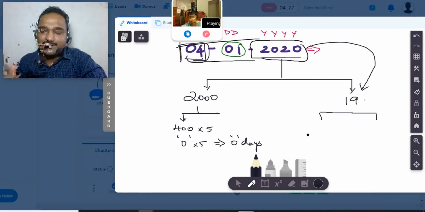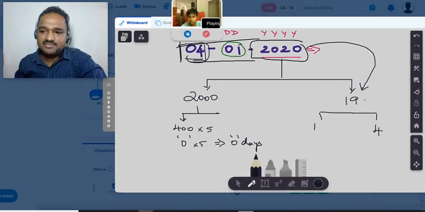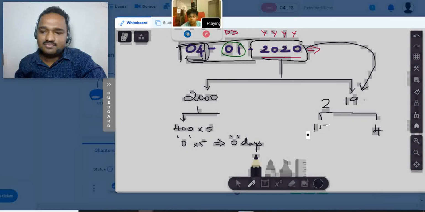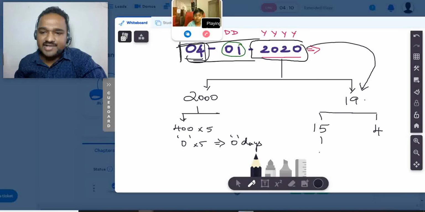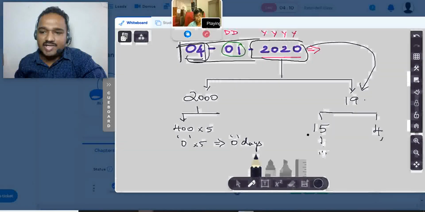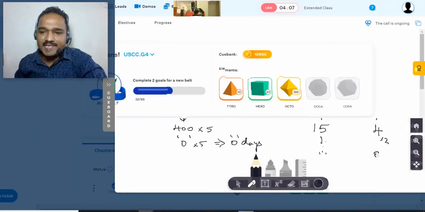So in 2019, you will have 4 leap years and how many normal years? 15. So 15 normal years will have 15 days. 4 leap years will have 8.